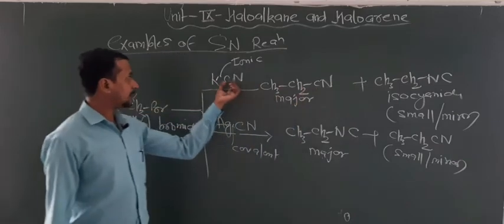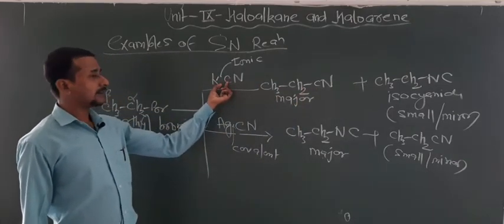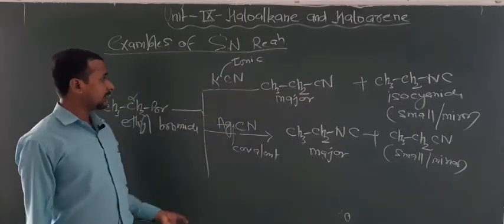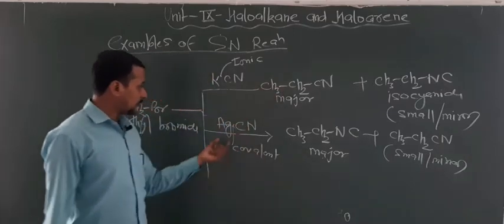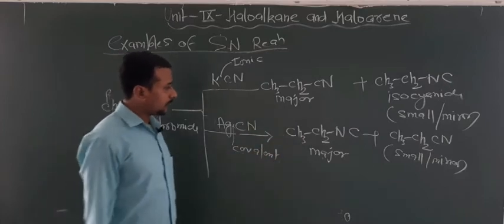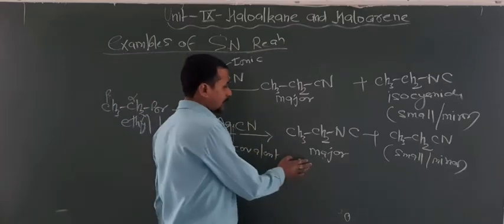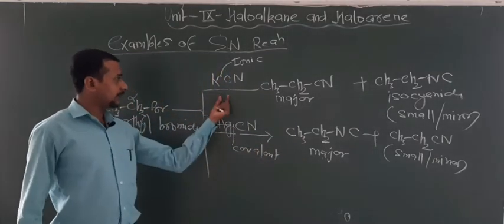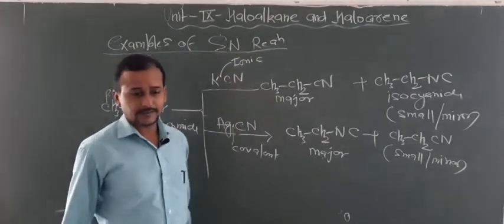Due to ionic nature, C containing negative charge attacks this carbon and forms cyanide. Here due to covalent nature, the lone pair attacks the carbon to form isocyanide. So this is the major product in case of AgCN and this is the major product in case of KCN.